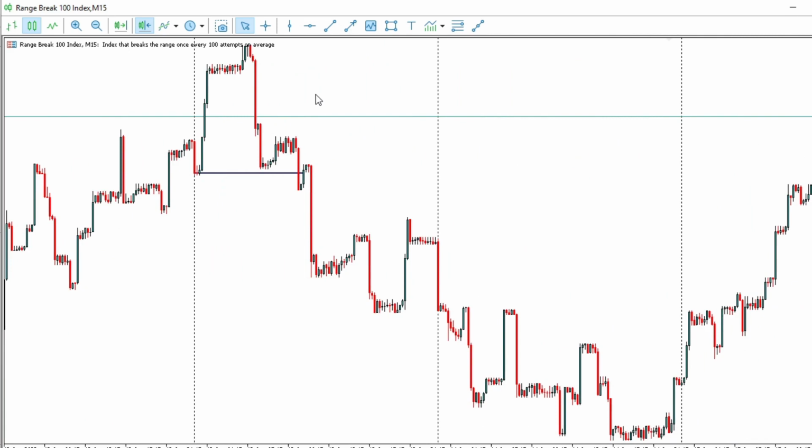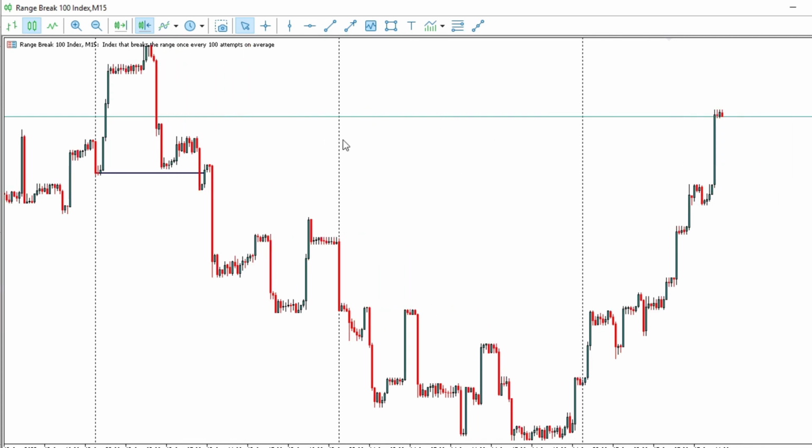On the 15 minutes time frame and above, you're going to be seeing the break of structures. For instance, there was a break of structure here. As we broke this structure, we would possibly be looking for some kind of order blocks up.